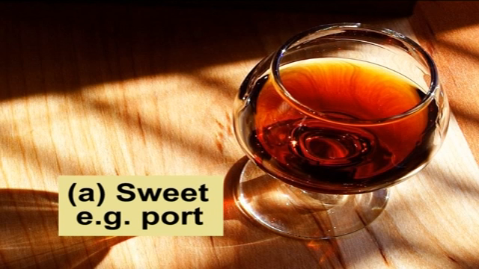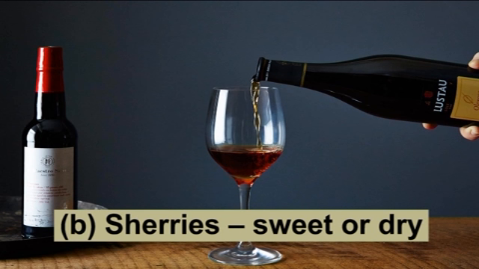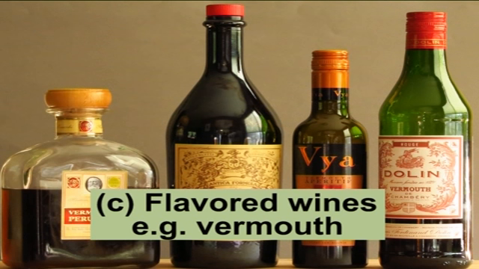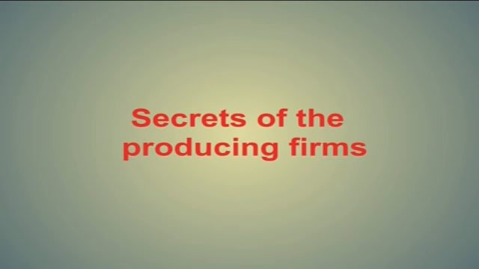They are divided into three categories: A. Sweet, for example port; B. Sherries, for example sweet or dry. They originated from Portugal and are characterized by flavors induced by various degrees of oxidation. C. Flavored wines, for example vermouth. These are flavored with herbs and other components which are secrets of the producing firms.